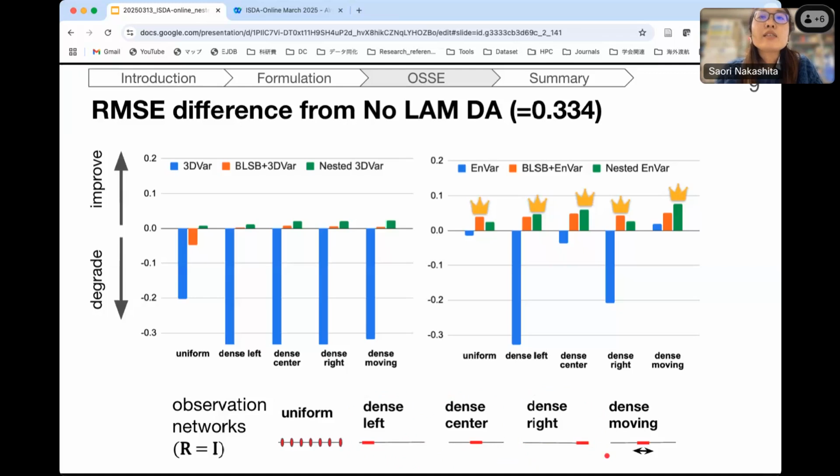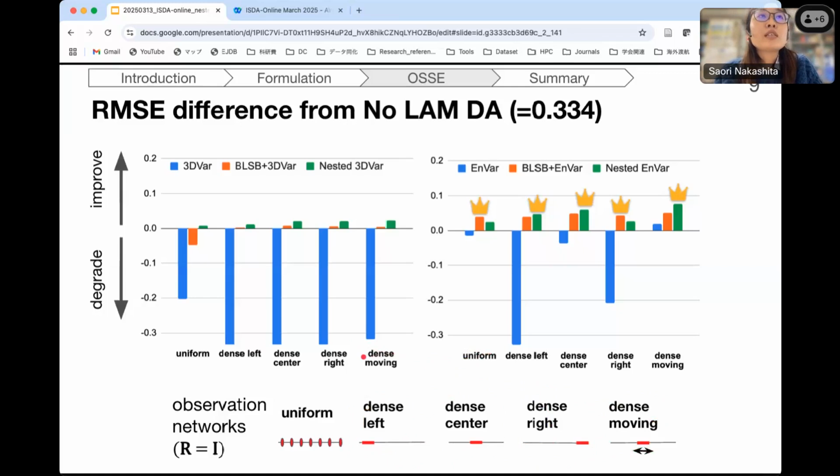The final setting is similar to the second to fourth ones, but the observed locations are moving randomly, which mimics microwave sounders. Then these two figures show the time averaged analysis RMSE for each experiment.